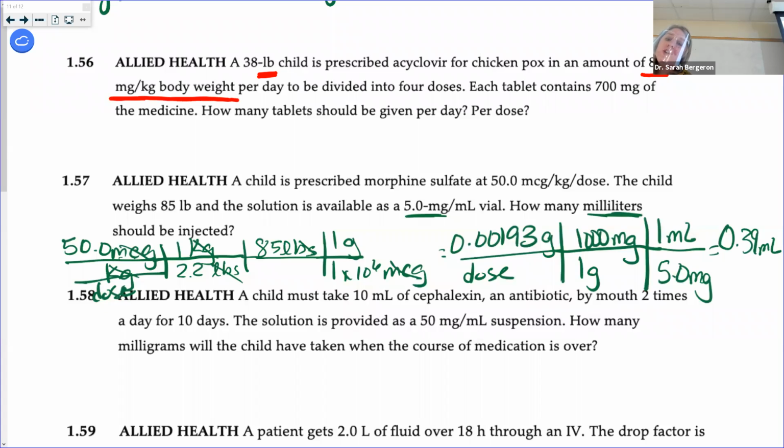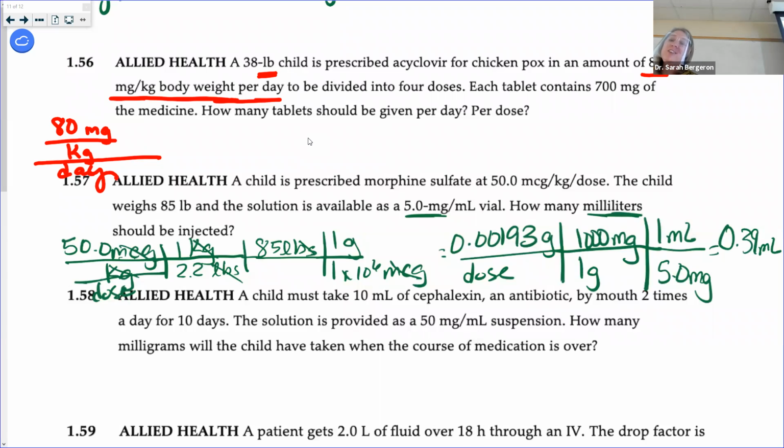What do I want to give the child? 80 milligrams per kilogram of body weight per day. So I kind of have 2 things going on. You with me so far? We just have something in the numerator that has 2 units.